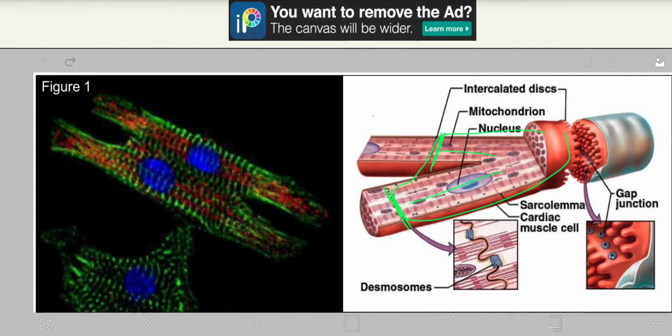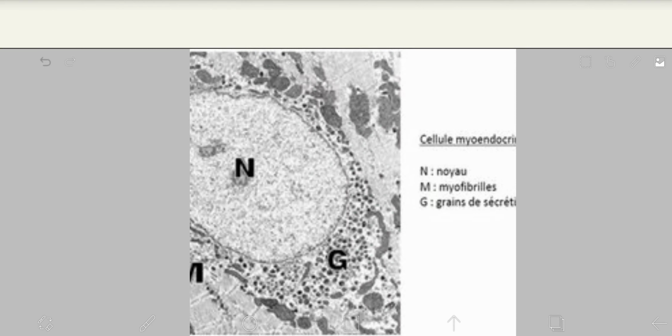It has very, very few of those, and it doesn't really contract, but rather creates the action potential and then transmits it. We have the cells in the SA node, and then the ones in the AV node, and the ones in the bundle of His, and the Purkinje fibers. And now we have a third type of cells, which are the myoendocrine cells.